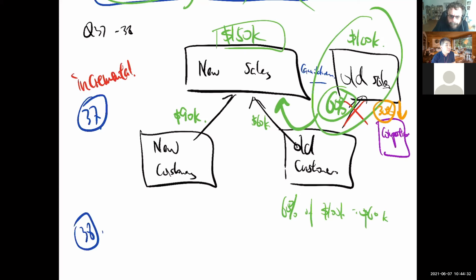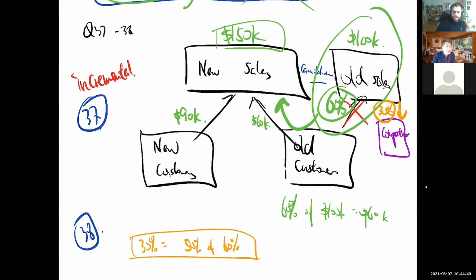You can see me writing, okay, good. So 30% is 50% of 60%. So 30% will go to a competitor, and 30% will switch to your new service.